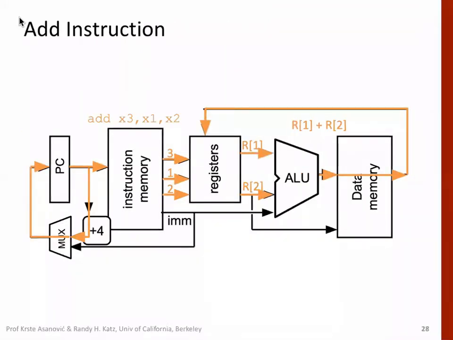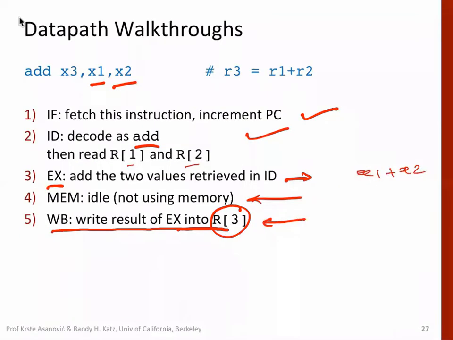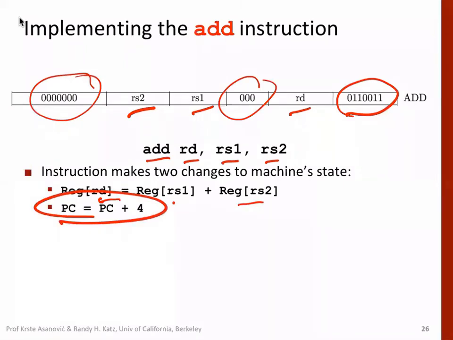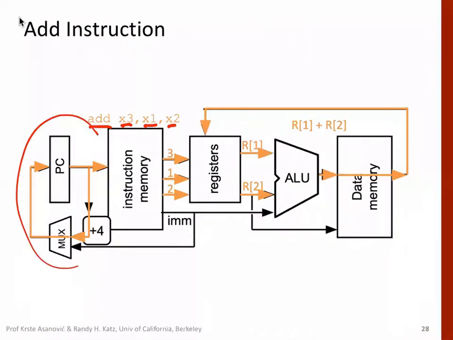Simple. Now this again is not a complete diagram, but it shows the flow. In this case we are executing this instruction, x3 = x1 + x2. Of course, the PC part, the increment of PC, is being done here. The instruction is read from instruction memory and interpreted, or basically control signals will be generated corresponding to the instruction.